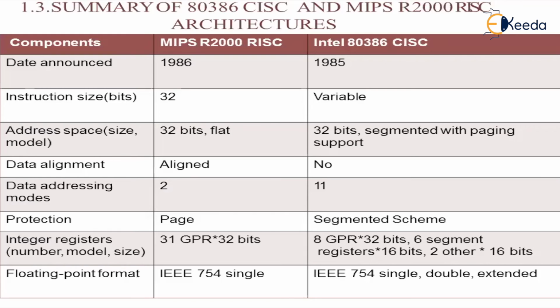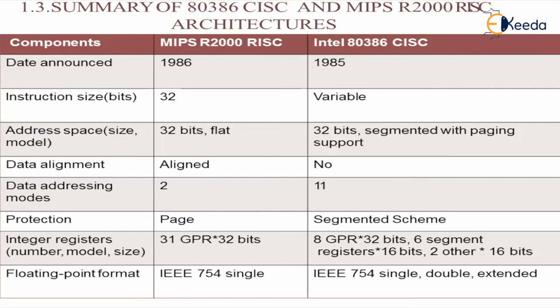The instruction bit that was used in RISC was 32-bit. Here, in case of CISC, it was variable. Address space in case of RISC was 32-bit. Here, in case of CISC, the 80386 was 32-bit, segmented with paging support. So paging support means it required more amount of memory.